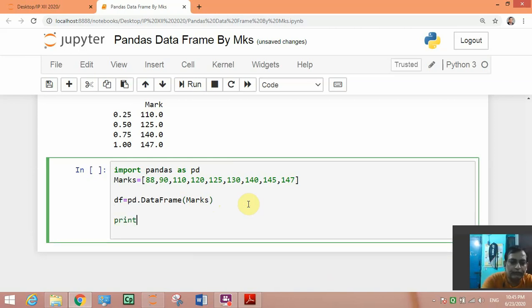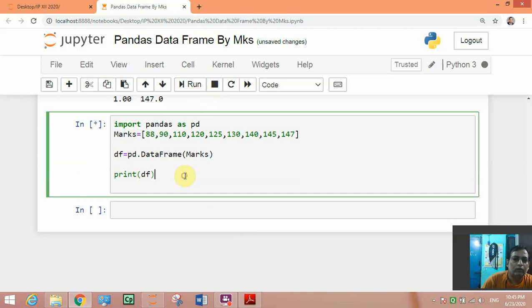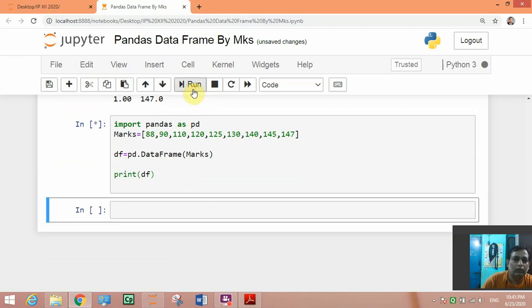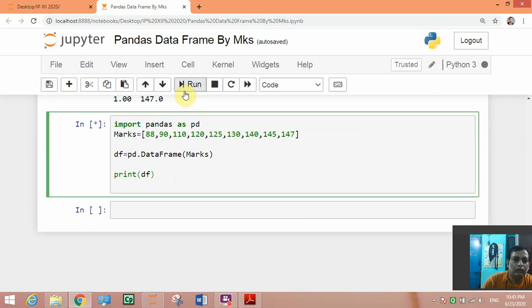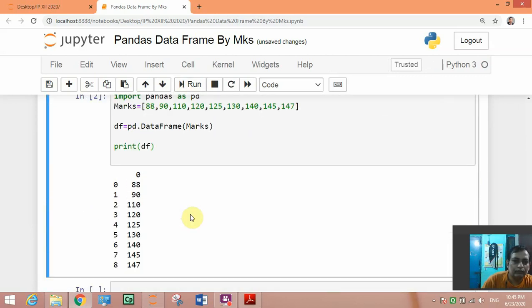It will give just a data frame converted from a list.